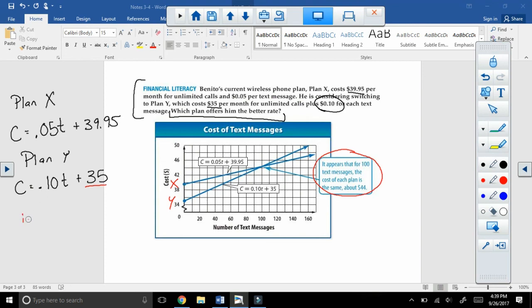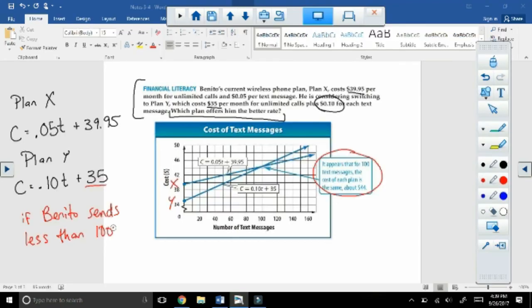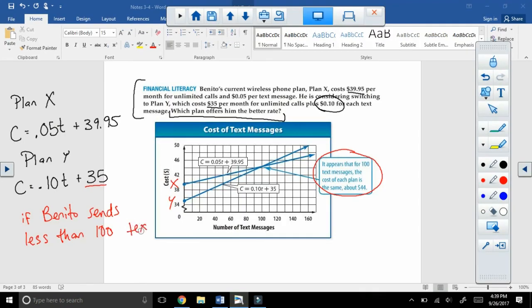If, let's see, his name was Benito, sends less than 100 texts, then Plan Y is better.